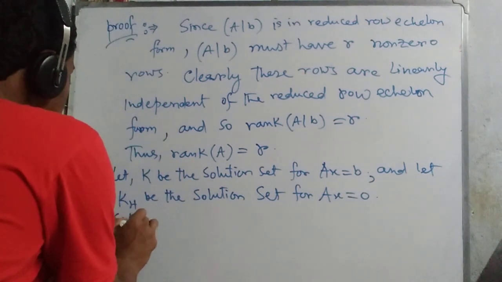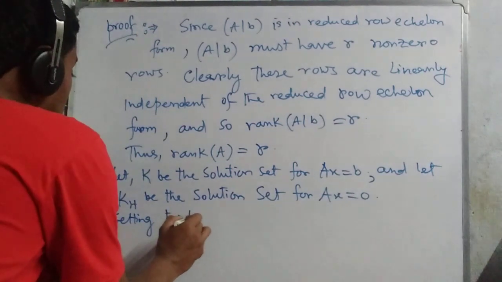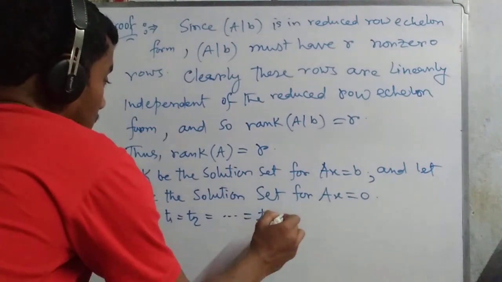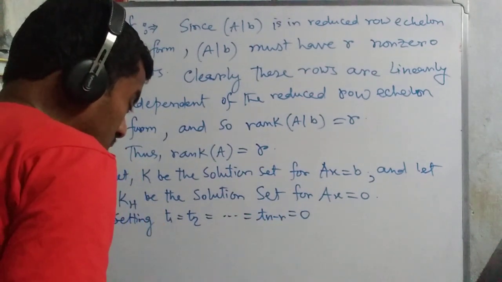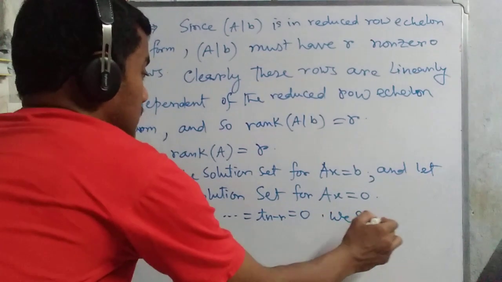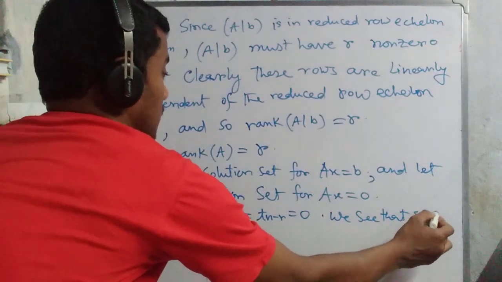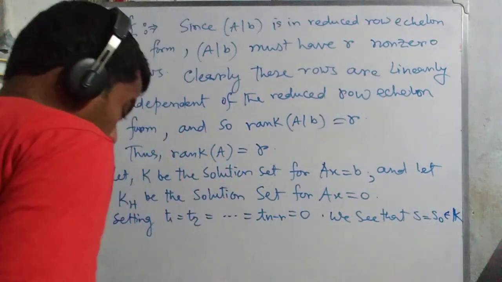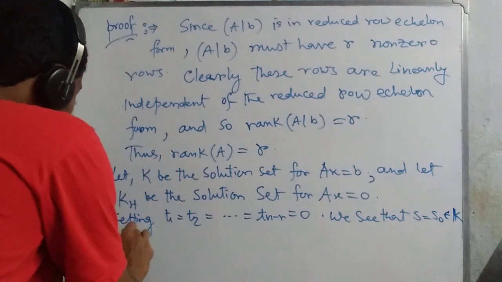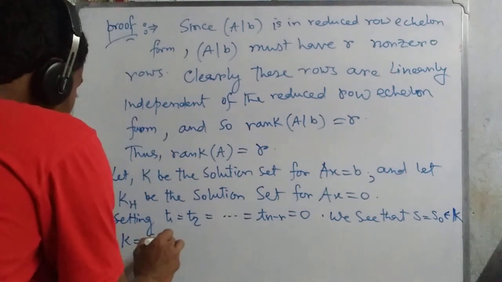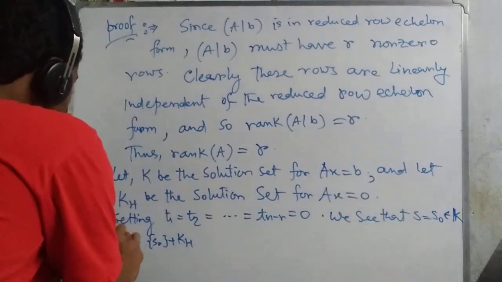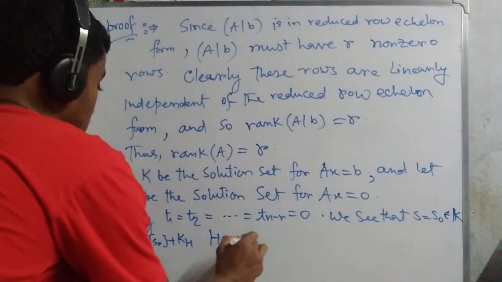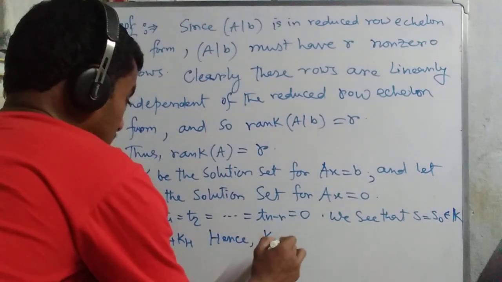Here setting t1, t2, ..., tn minus r equal to 0, we see that it is equal to s0, which belongs to K. Then K equal to s0 plus Kh.